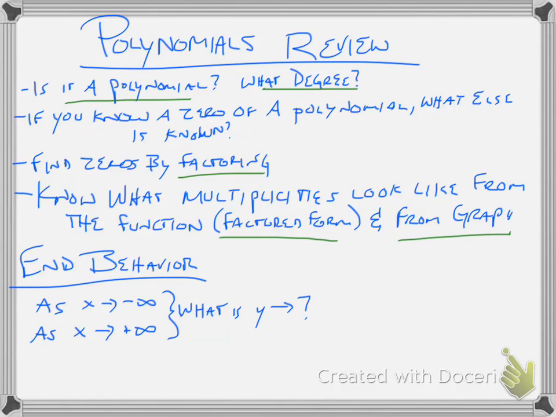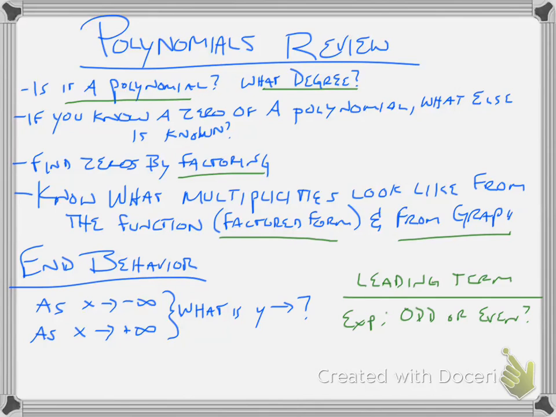You're looking at the leading term, and whether the exponent is odd or even, and the leading coefficient, whether it's positive or negative. And you should be able to know from those things what the end behavior of the polynomial is. If you need to pause it here to write anything else.